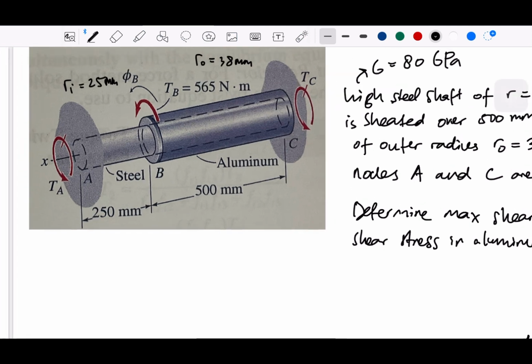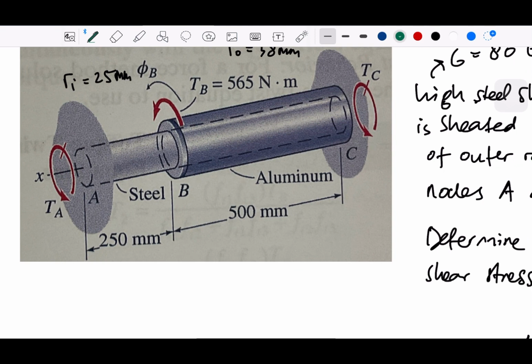Okay, let's name the steel as 1. So steel is 1 and the aluminum is 2.